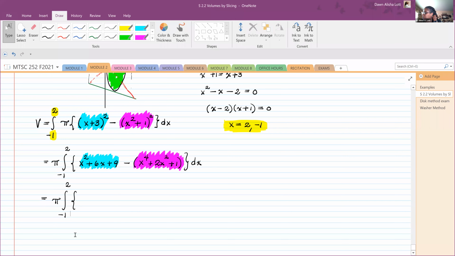Negative x to the 4th. Good, keep going. Minus x squared, plus 6x, and plus 8.